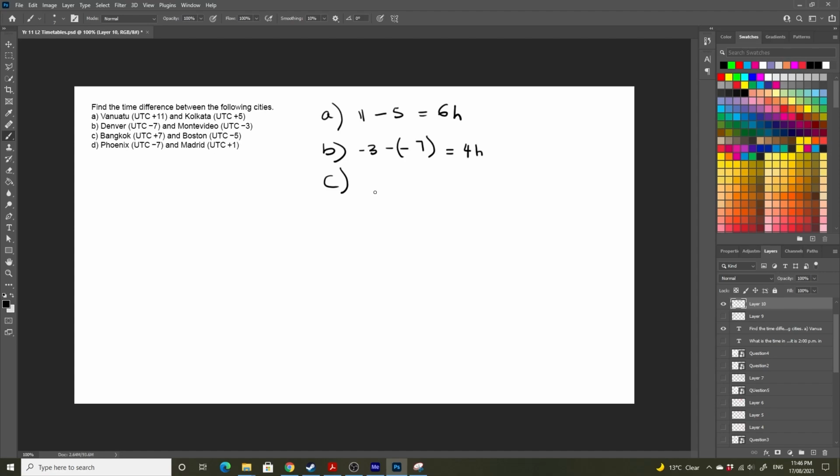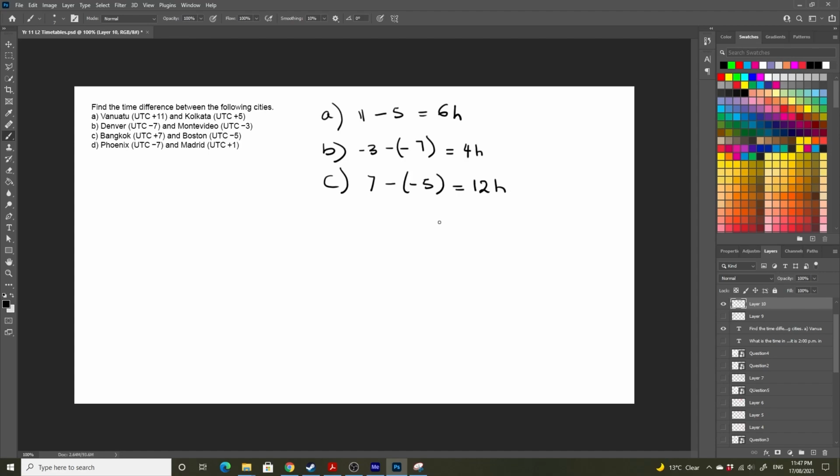What do we have in this one? We have Bangkok with a time zone of +7 and Boston with a time zone of -5. So there's quite a large gap here, but we can work out the difference by taking 7 minus -5, which is going to be equal to 7 plus 5, which is going to be equal to 12 hours.